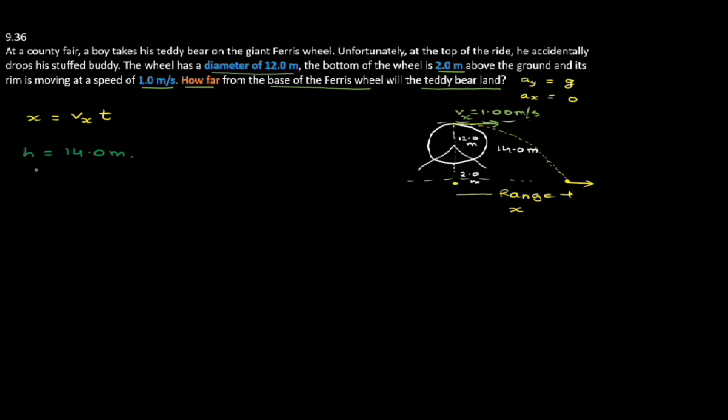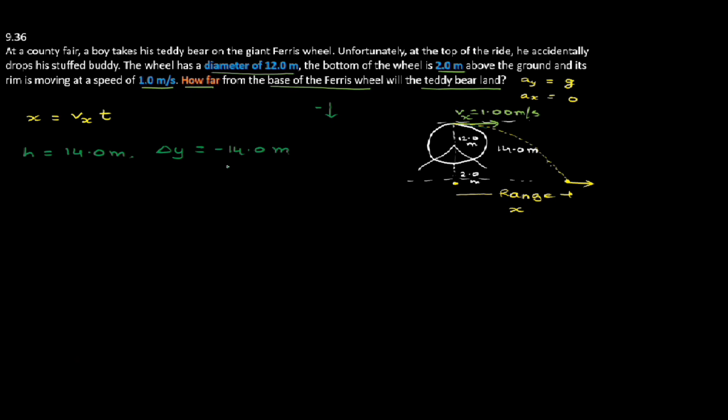This height h will be the displacement of the teddy bear along the y-axis, which we can write as delta y. And when I write delta y, I will take this value as negative since the teddy bear is falling down. When we are discussing vectors, anything that is going down, we generally take to be negative.